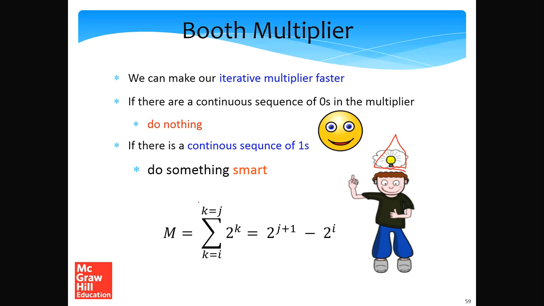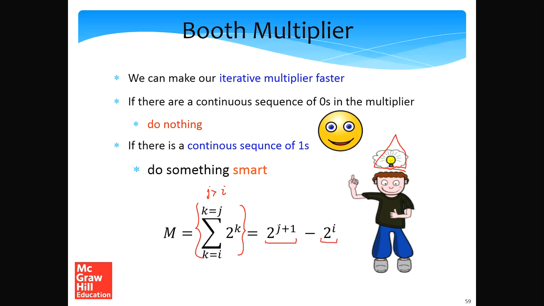Let's consider the sum of 2 to the power k from k equals i to k equals j, where j is greater than i. If I just do a simple GP summation, it turns out that this is equal to 2 raised to the power j plus 1 minus 2 raised to the power i.